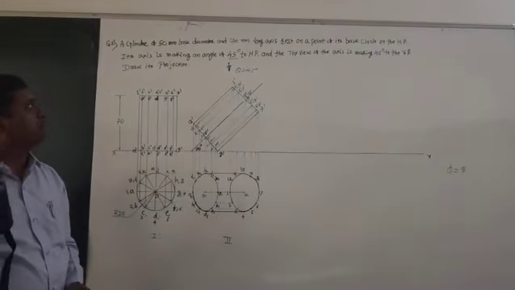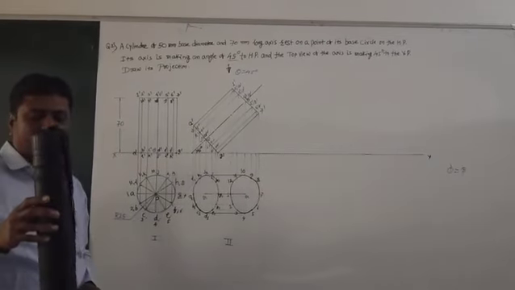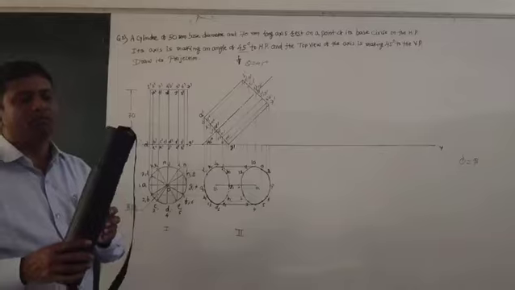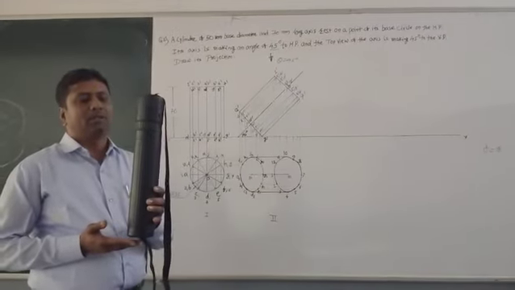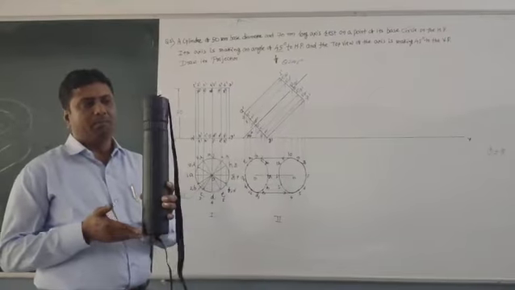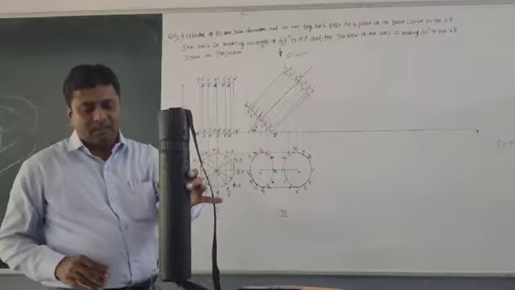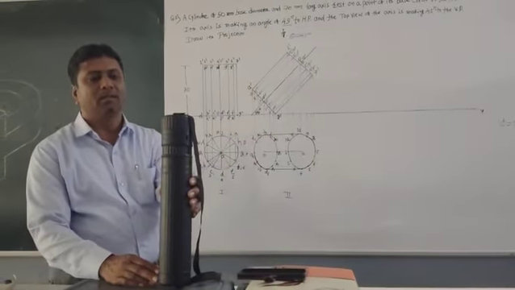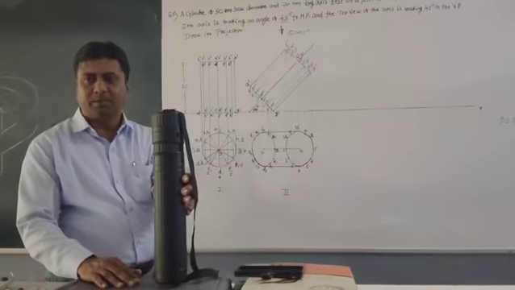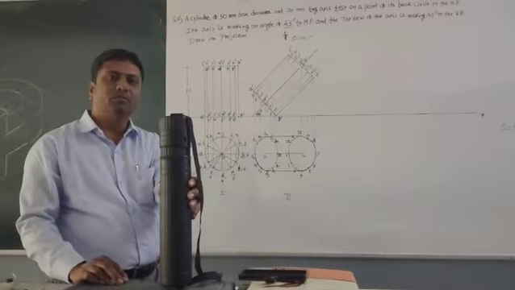Now, in this problem, first you have to understand which solid is given. So, in this problem, the solid given is a cylinder. Now, see here, I am having a cylinder. If you carefully observe, a cylinder has two bases, bottom base and top base. When the cylinder is resting on a point of its base circle on the HP, if you observe the cylinder from the top, what is the top view?